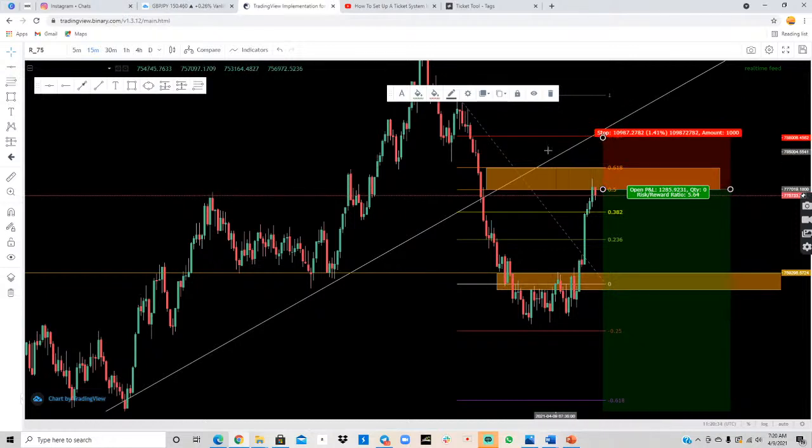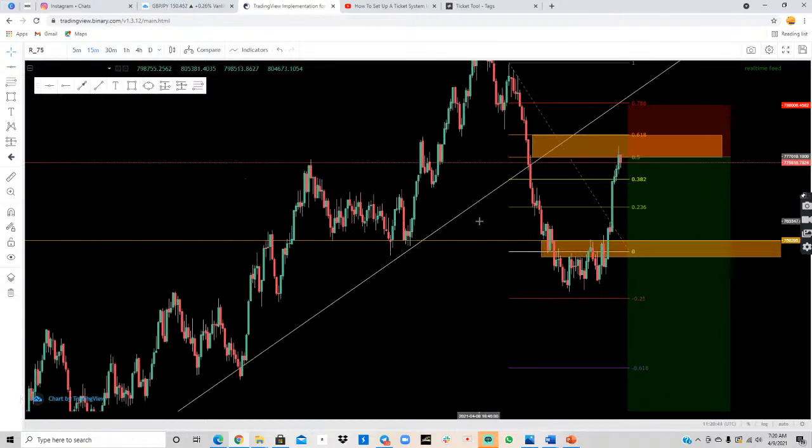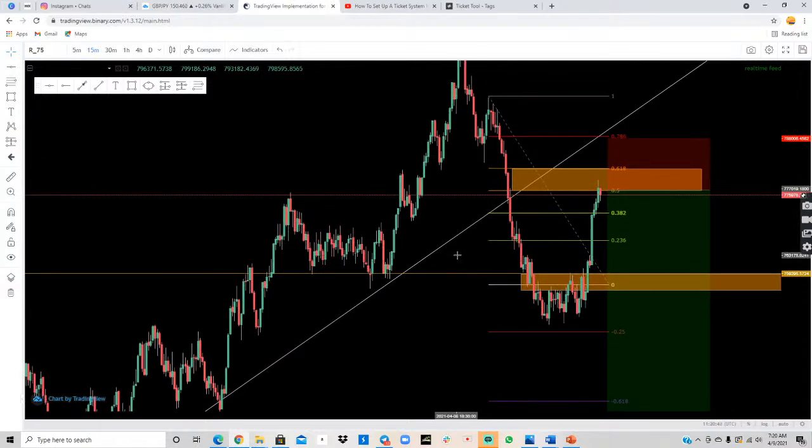But if price starts to close midway to your stop, then you can actually cut 50% of your loss, managing risk. I think the potential is there to get a little pushback down to retest at least this low right here.